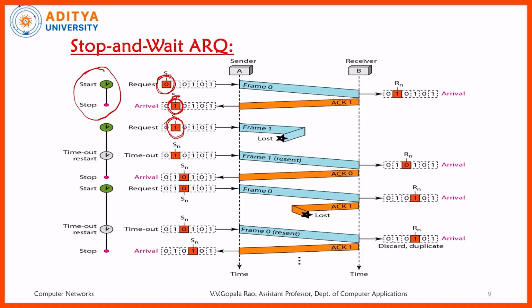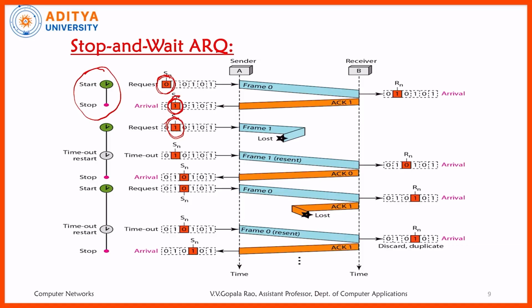Once the transaction is completed within 2 minutes by getting the proper acknowledgement, you can say it is a successful transaction. If you see the second case, once frame 1 is put in the channel but is lost, the sender waits for 2 minutes.